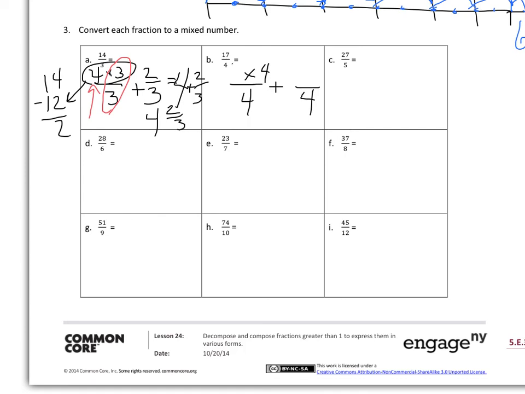It's going to be 4 because 4 times 4 is 16. Well, if I've used 16 of the 17, I must have 1 remaining. So again, because I know this is 1 whole, I can see this is how many whole I have. I have 4 whole and 1/4. So students can continue to work on those with the support.